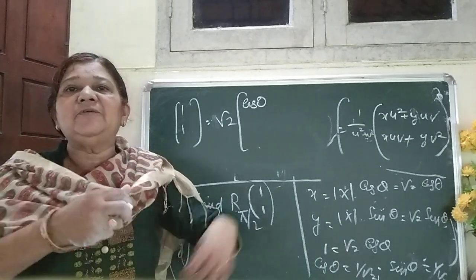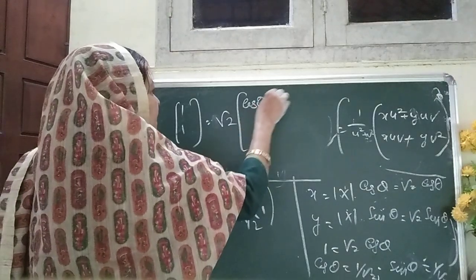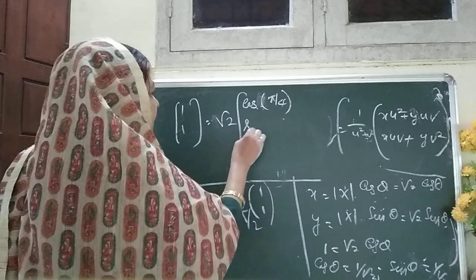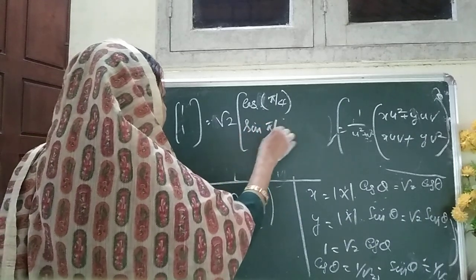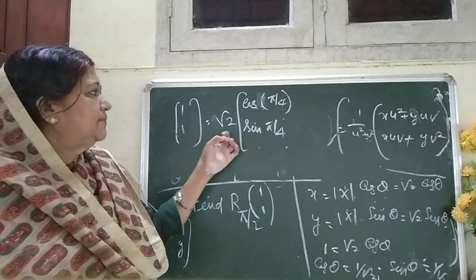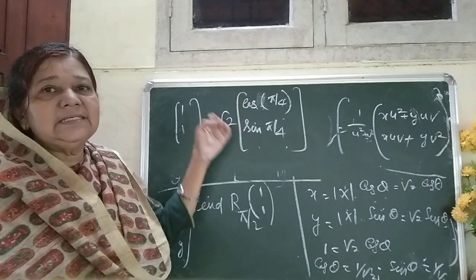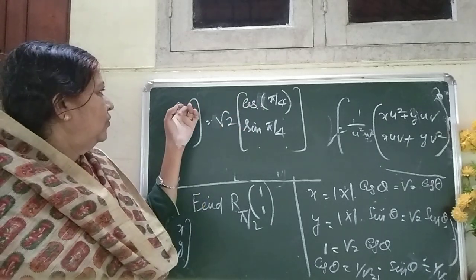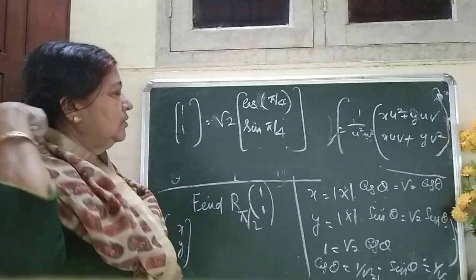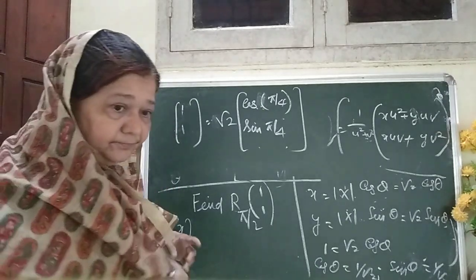We all know cos theta equal to 1 by root 2 means theta equals pi by 4. Therefore, it is cos pi by 4, and similarly sin pi by 4. So the given vector can be expressed in polar form as root 2 into (cos pi by 4, sin pi by 4).